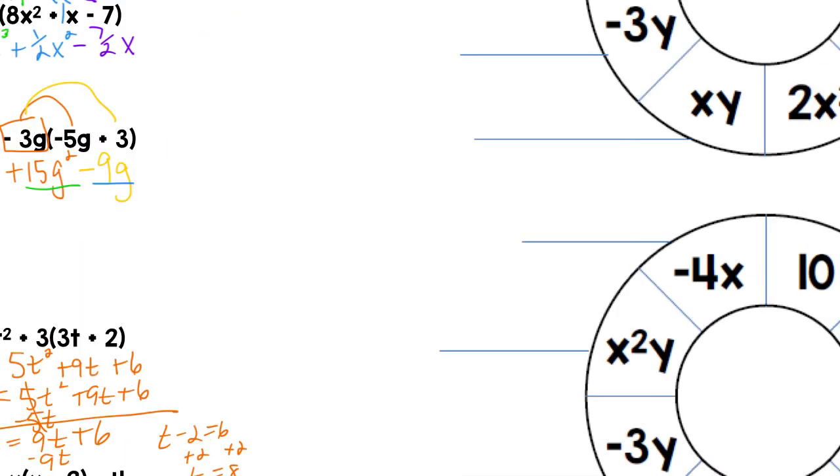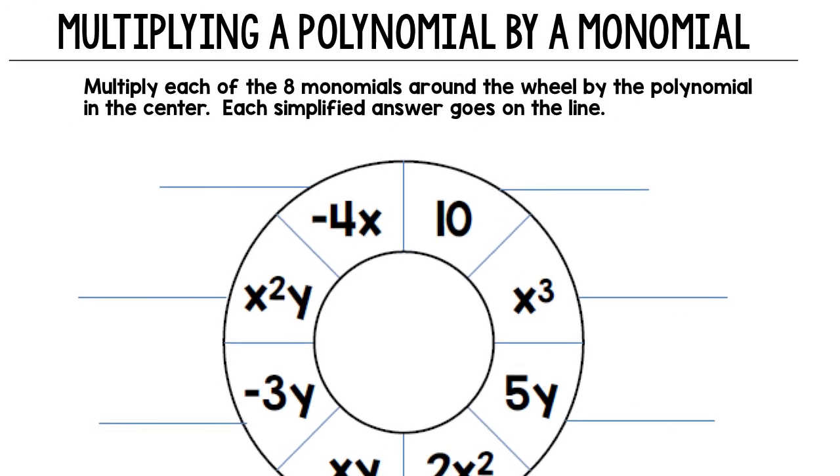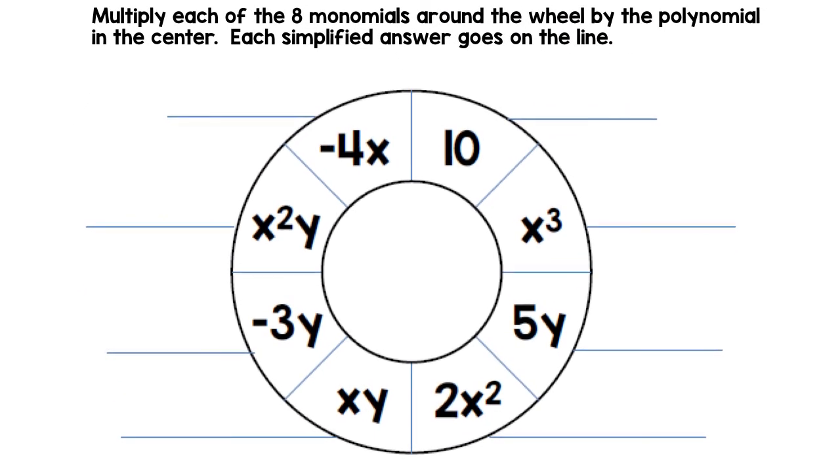Hooray! All right, let's flip that paper over, and we're going to do something that I really like. I'm going to give you an expression in the center of this circle, and we're going to multiply every term in the circle by my expression. So the expression I'm going to give you is 2x plus 3y.